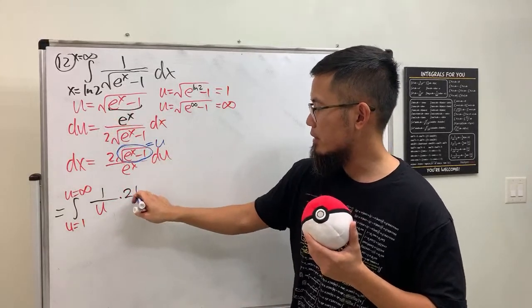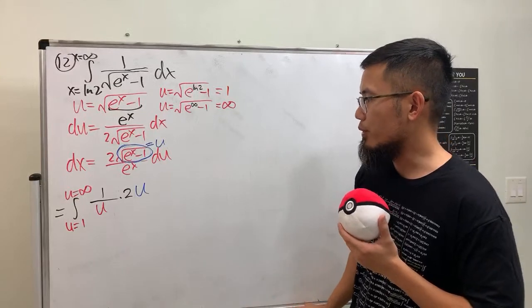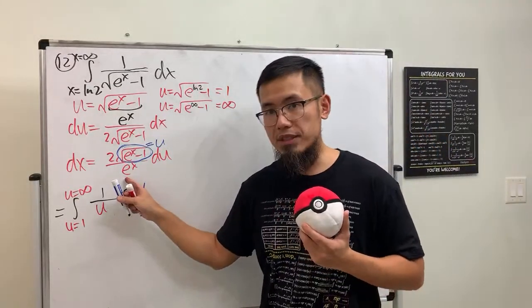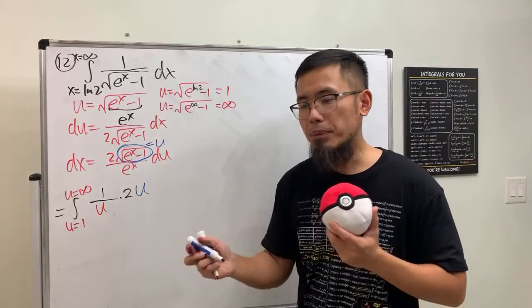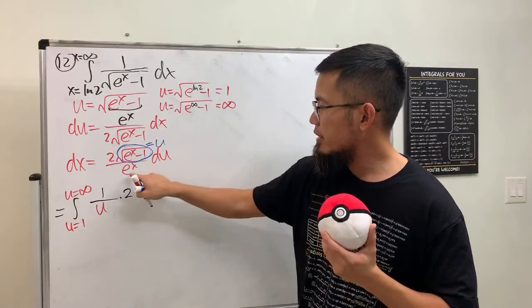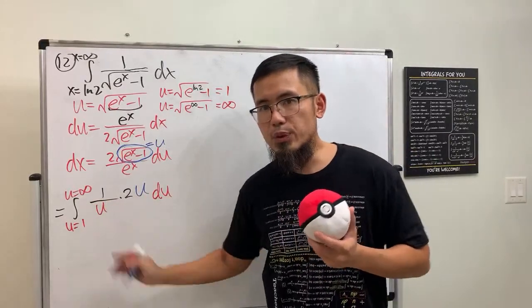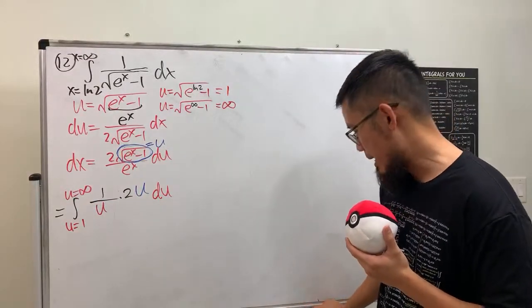Let's put that down. Alright, what else do we know though? On the bottom, we have e to the x. The problem is that we are still in the u world, right here. The e to the x, there's nothing that we can cancel out. That's too bad, but it's also not so bad.